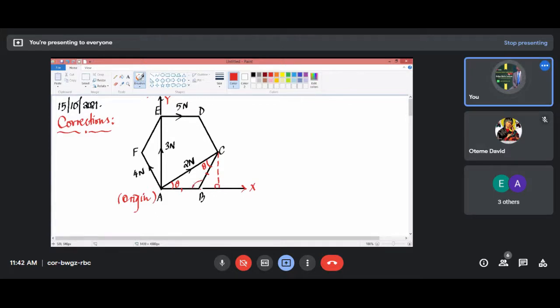What's that angle? Who can tell me that angle at B? We know the interior angle in a regular hexagon. What's that angle at B? 120. The angle at B is 120 degrees.